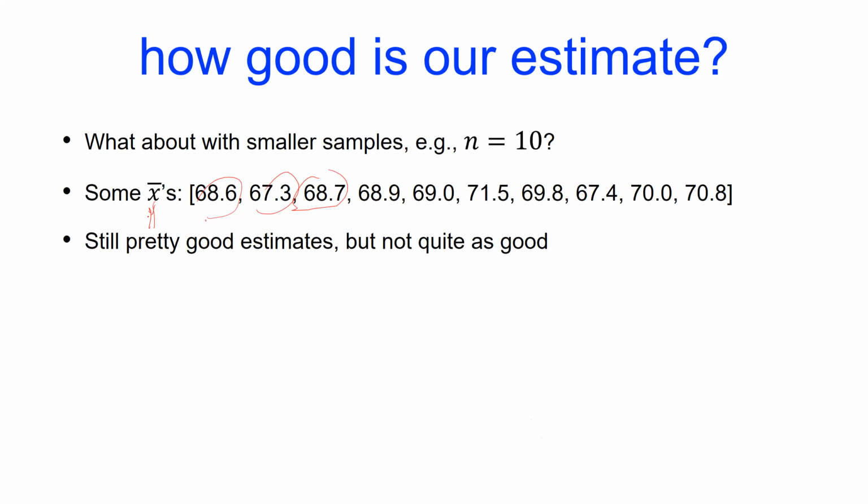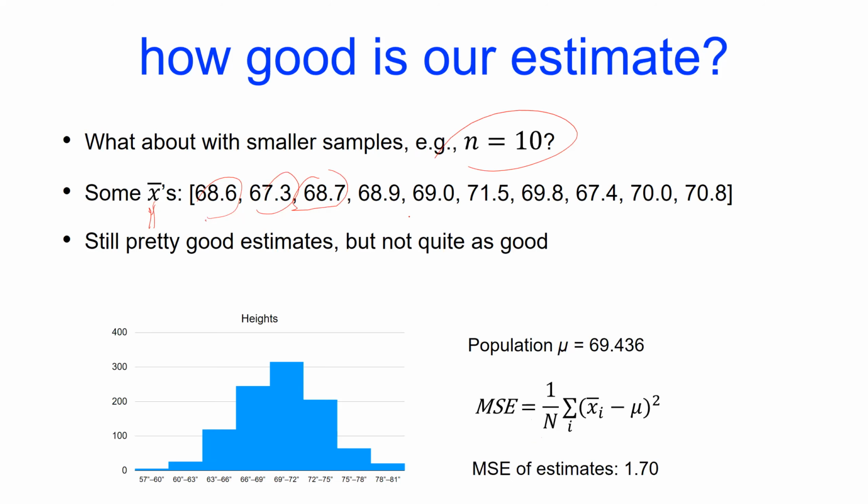So now we change our group size, sample size, into 10. As you can see, if we calculate our mean square error, we get 1.7, which indicates it's not as good as before. Before it was 0.1, I remember. So if we reduce the sample size or group size, this is very natural.